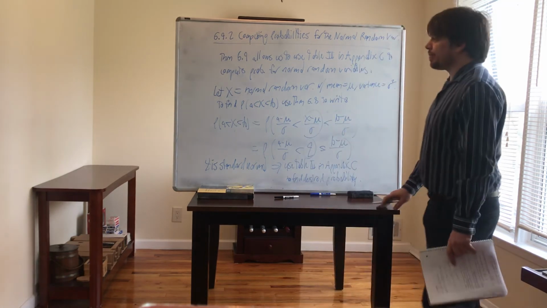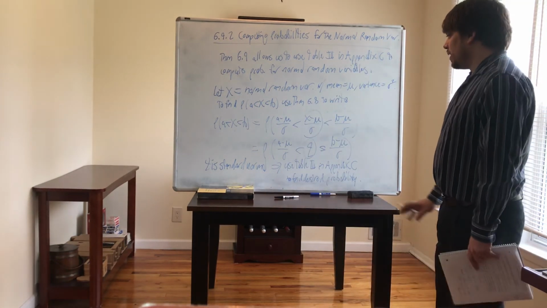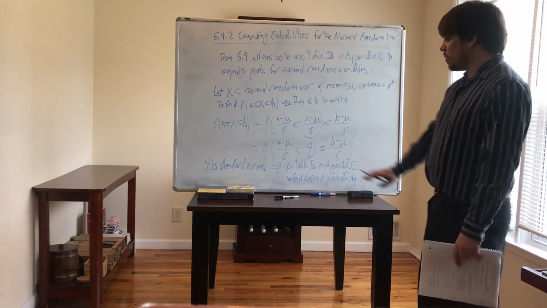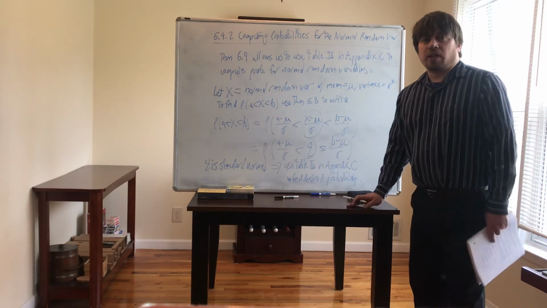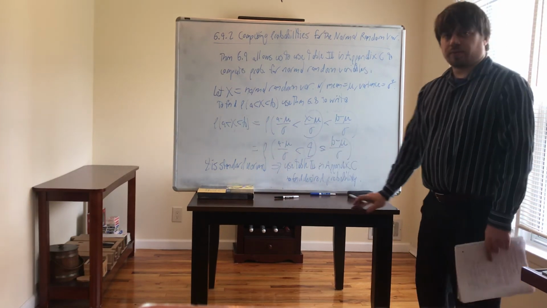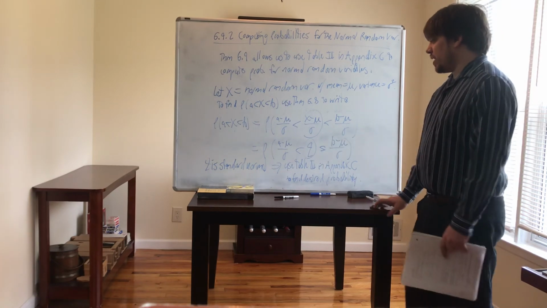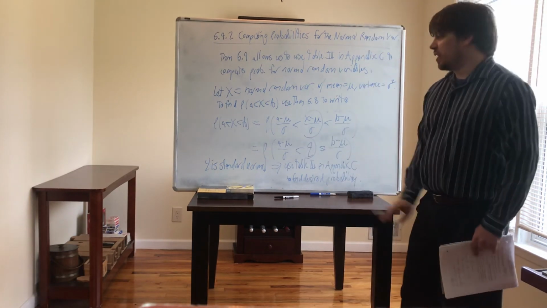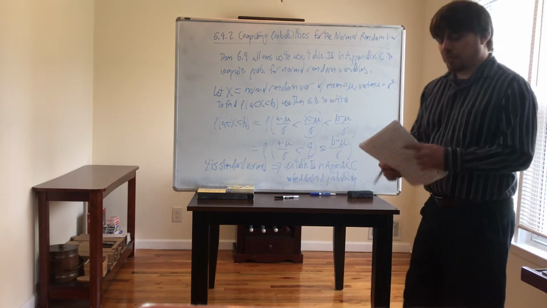Okay, so by using the table, we can know probabilities for a standard normal variable z, and then just use it to find that probability, and then you found the original probability.